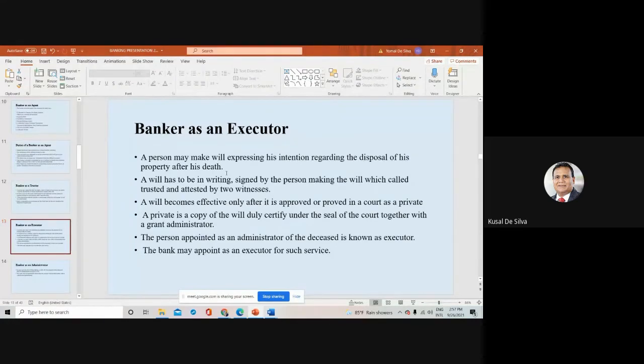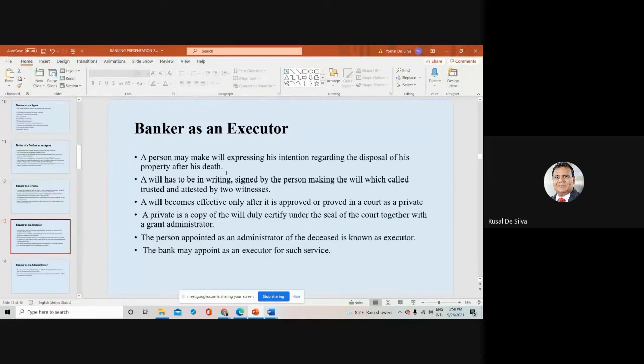In the letter of probate, the person who has made the last will must have mentioned the name of an executor. It can be a bank.